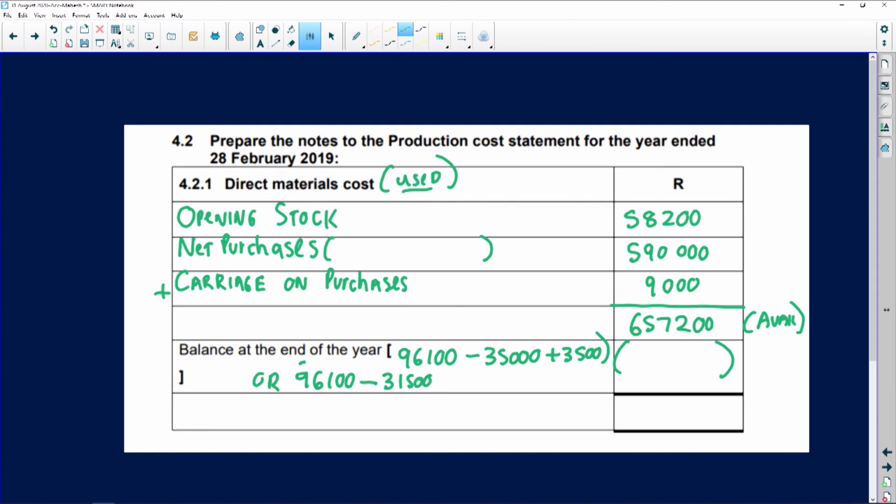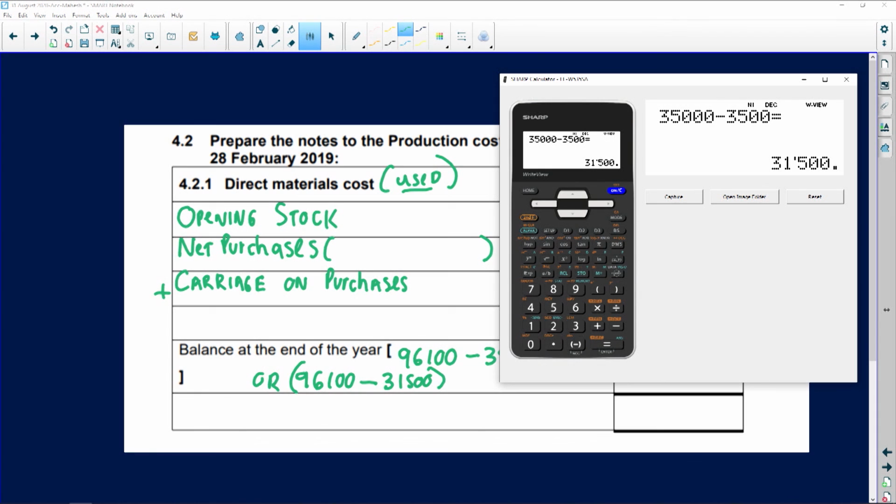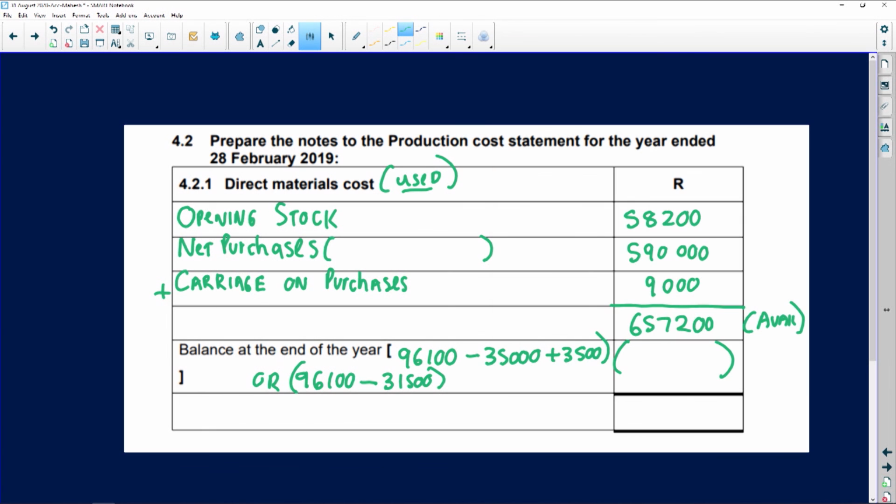Remember guys, it's or, you don't have to show both. Right, so let's get the calculator out again and let's calculate the correct value of our closing stock. So 96,100 minus the 31,500, and that is giving us an amount of 64,600. So let's fill that in, 64,600.